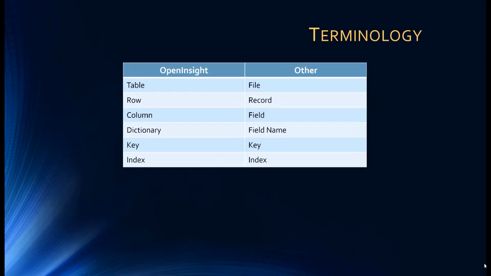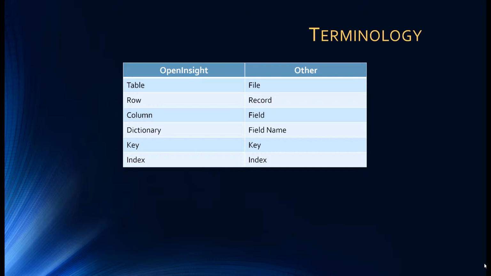I just want to touch on some terminology. Whilst we're going through the videos, I tend to alternate between the two, which I know is really bad. The reason for that is I've had no formal training. I've taught myself a lot, and some of that has been through documentation at OpenInsight that Revelation have created, so I get the OpenInsight terms, but I've also read a number of books for SQL and Java and other things, and they use different terminology.